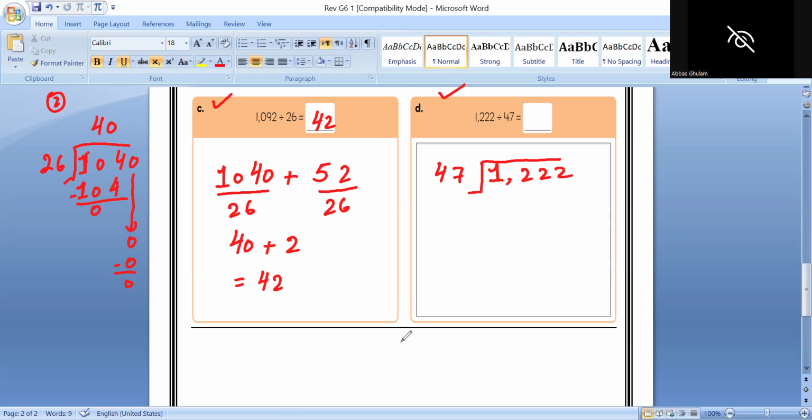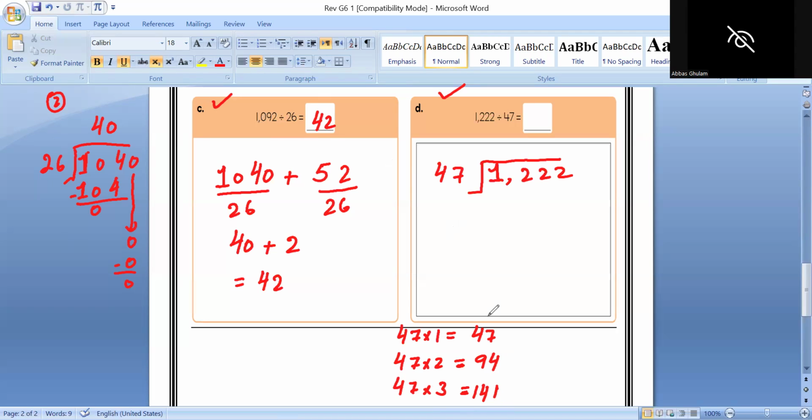I can write here 47 table. 47 multiplied by 1 equal 47. 47 times 2 equal 94. 47 multiplied by 3 equal, 3 times 7 equal 21, 2 carry, 3 times 4 is 12, 12 plus 2 equal 141.